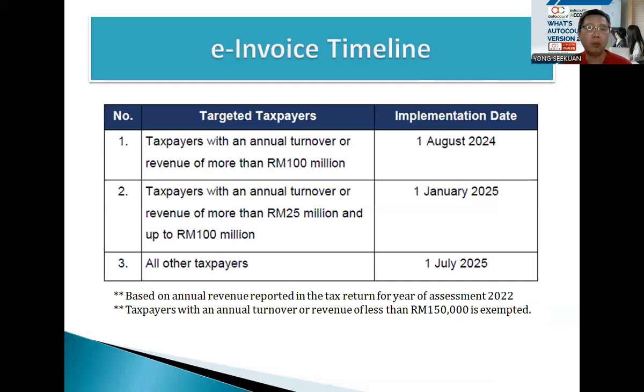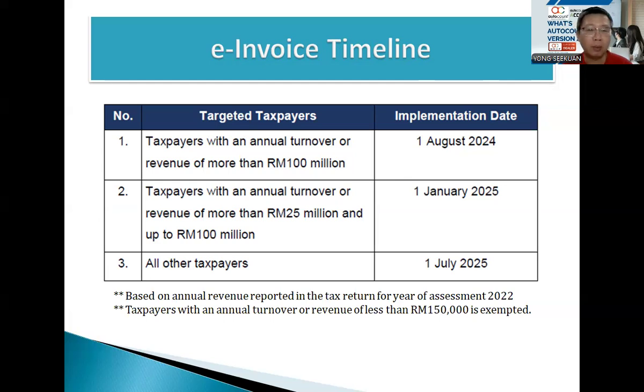When we implement the e-invoice, basically it is split into three phases. Phase one is for turnover of more than 100 million, starting from 1st August 2024. Phase two is for turnover between 25 million and 100 million, starting on 1st January 2025.